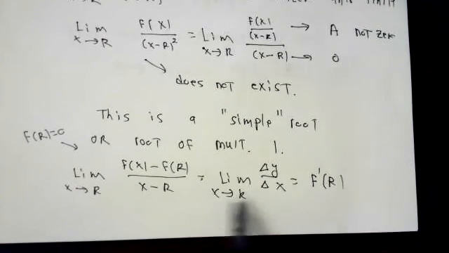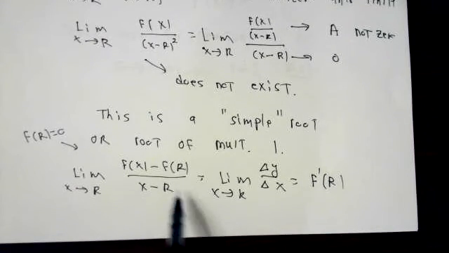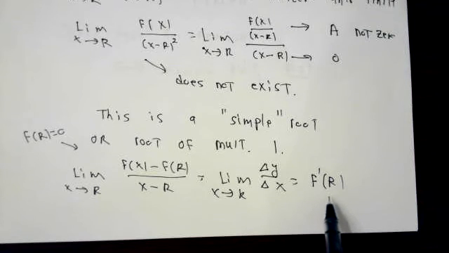This is the change in the x-coordinate. The limit as x approaches r, as the difference of the x's tends to 0, is the derivative of f evaluated at r. Multiplicity 1 means f of r is 0, but f prime of r is not 0.